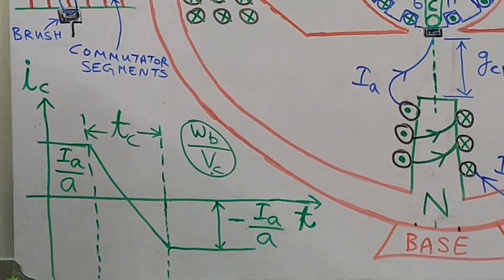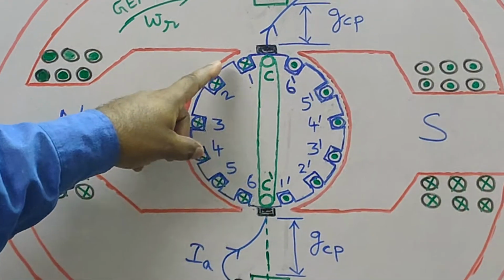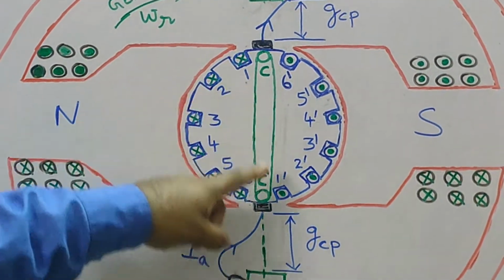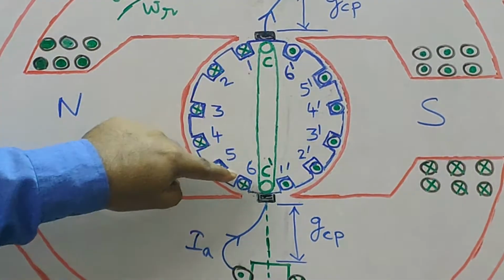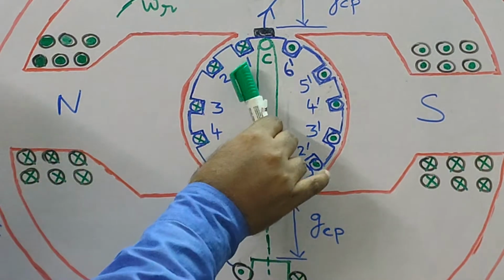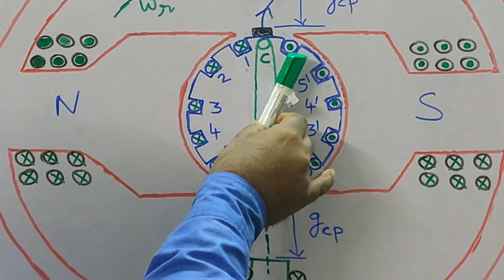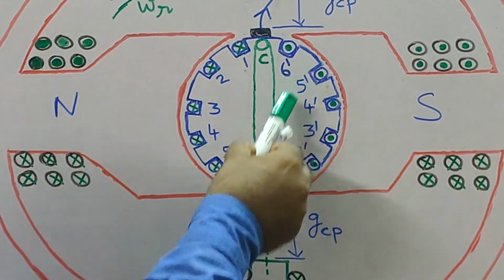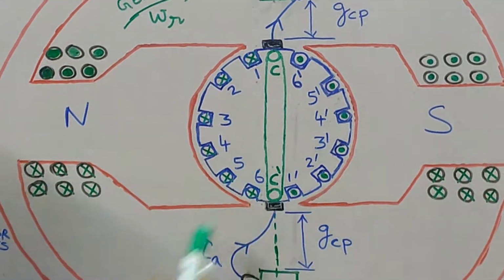So in this much time only, what should happen? The coil current direction in coil 11 dash should change from cross dot to dot cross, because coil side 11 dash will occupy from this position to this position, which is now occupied by 6 dash and 6. So it will change from cross dot to dot cross.